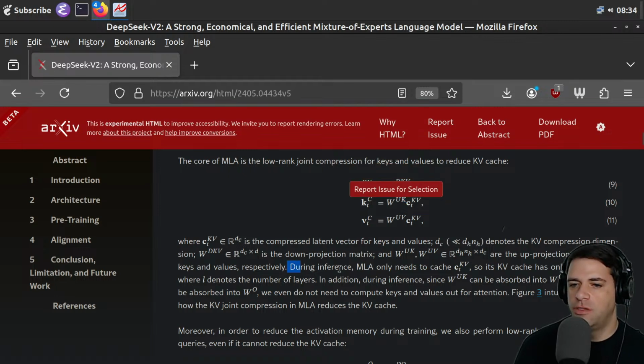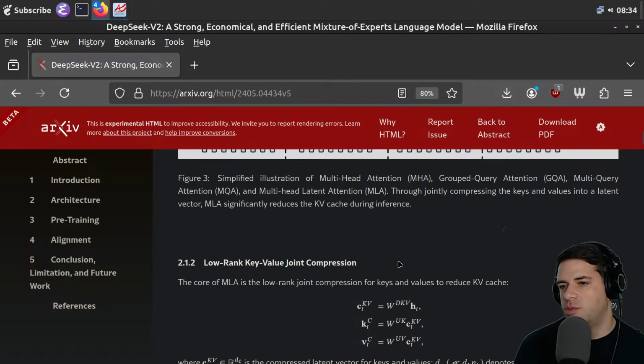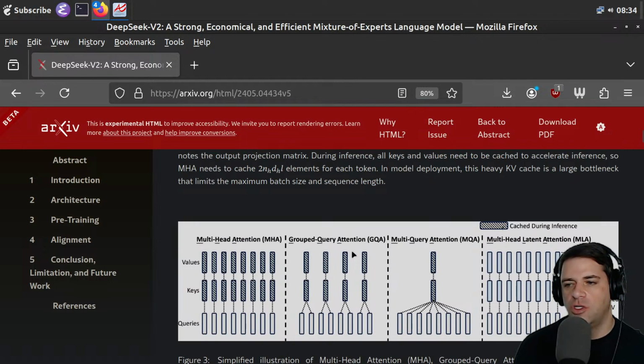And so the main point is that during inference, MLA only needs to cache this c_t^KV. So its KV cache has only d_c times l elements, where l denotes the number of layers. Okay. So we've just reduced the size because we're compressing the key value cache, which makes sense.